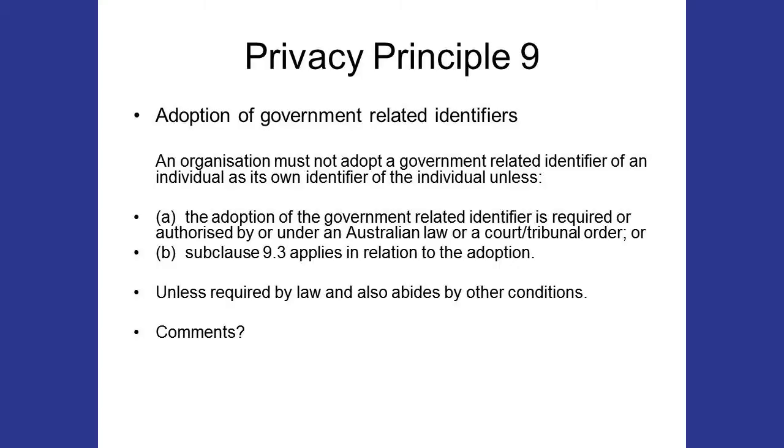So if you're sending that personal information overseas, ensure that these people are complying with the privacy principles. Privacy Principle 9 talks about adoption of government-related identifiers. An organisation must not adopt a government-related identifier of an individual as its own identifier. So if you're dealing with a government agency in the course of your business and they identify people using a particular code or method, you cannot use that method yourself.